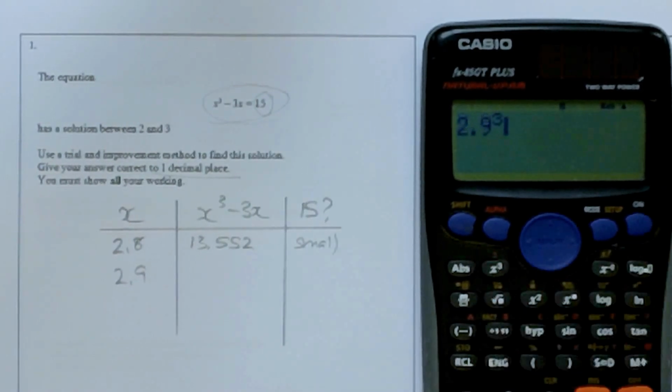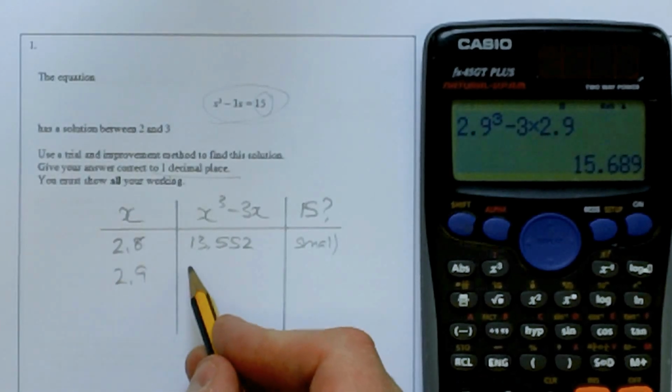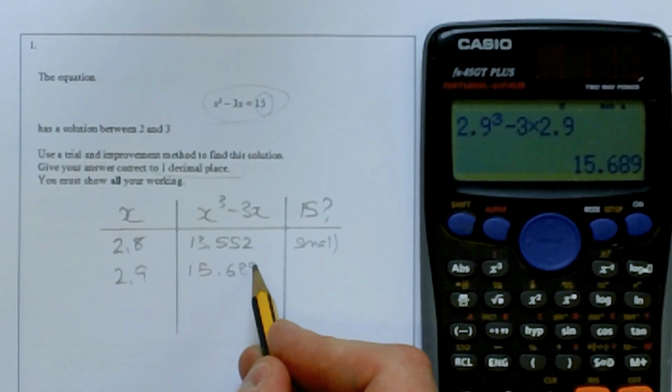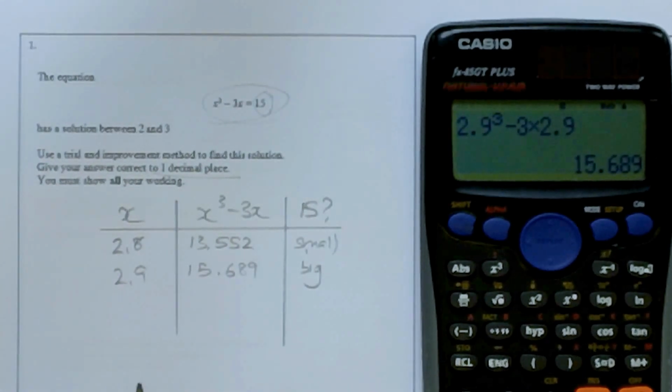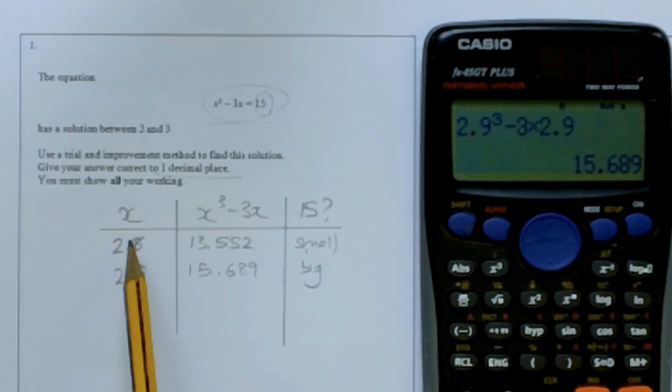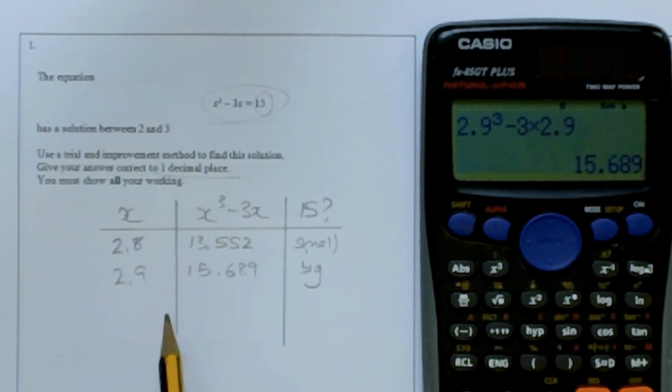Obviously the next sensible thing to try is 2.9. 2.9 cubed minus 3 lots of 2.9 is equal to 15.689, which is too big because we're looking for 15. So the actual solution lies somewhere in between 2.8 and 2.9. We don't need to go much further than that.